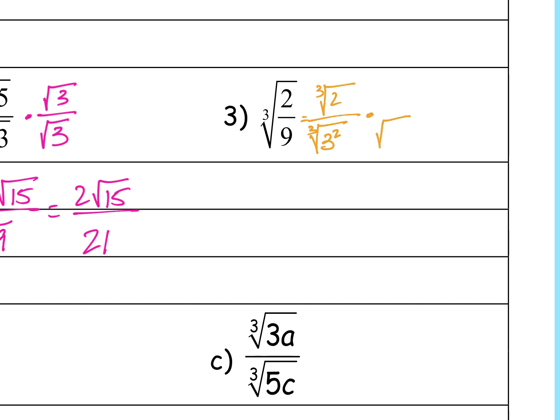So I'm going to multiply by the cubed root of 3 over the cubed root of 3. So that will give me the cubed root of 6 over the cubed root of 3 cubed. So cubed root of 6 over 3. Done.